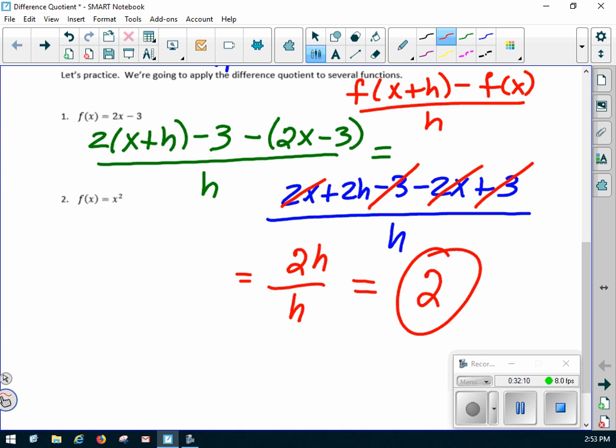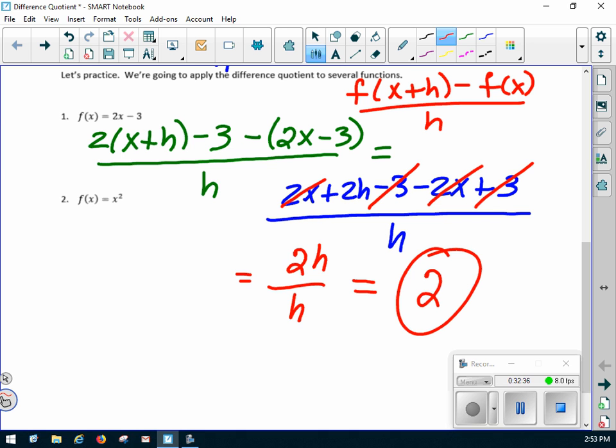We applied the difference quotient. Now, again, what can we do with that? In pre-cal, not a darn thing. Okay, makes sense. But when you get to calculus, I'm going to expect you to already know how to use the difference quotient so that we can jump into our calculus and learn derivatives.